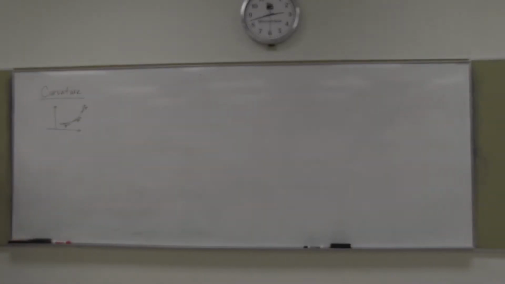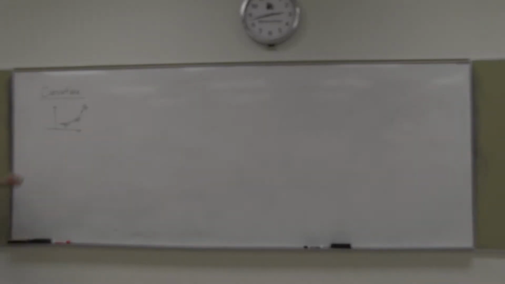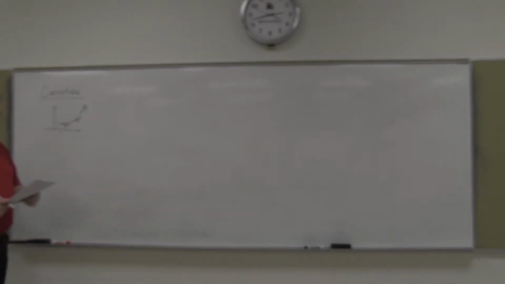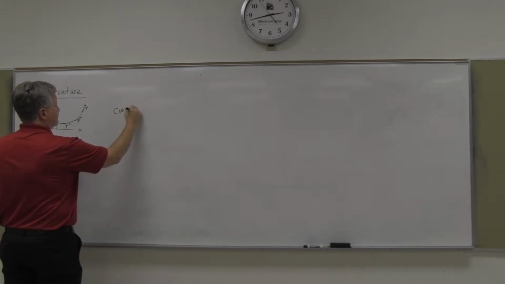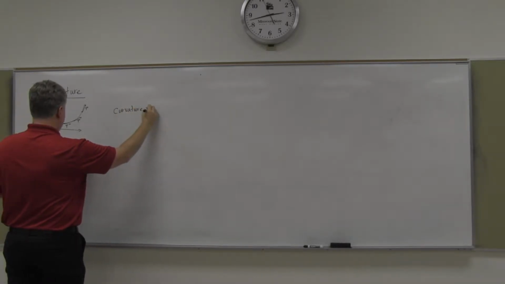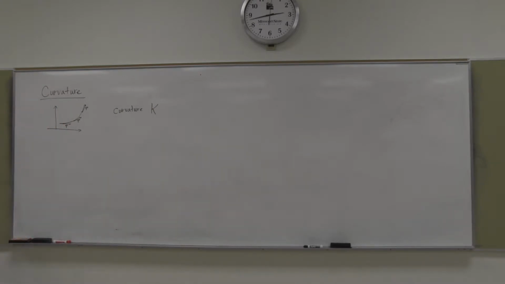However, since it's the unit tangent vector, only the direction is changing because the magnitude of a unit tangent vector is 1 unit long, right? Well, the rate at which that unit tangent vector changes, that's called the curvature, kappa, Greek letter kappa.